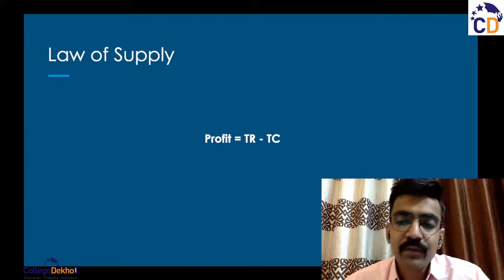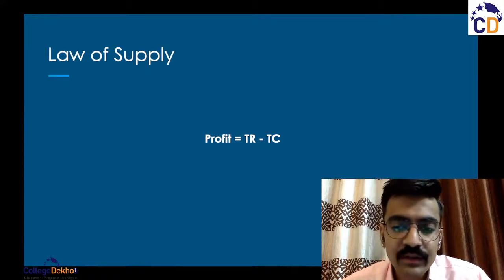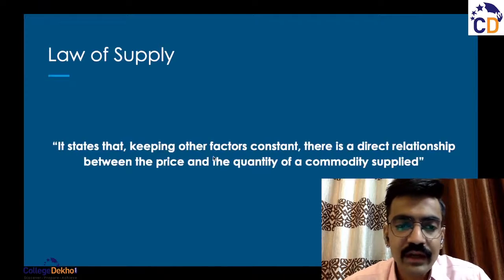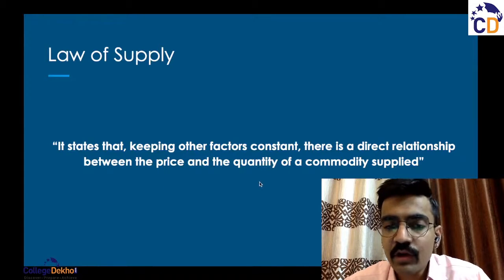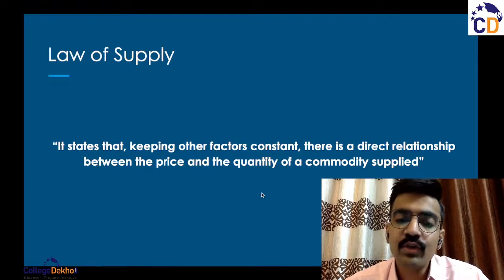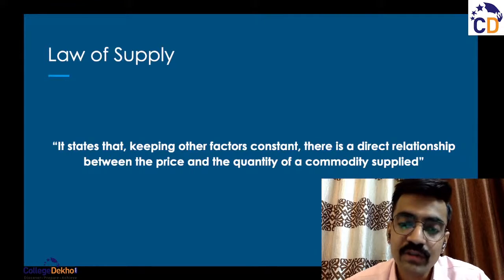Now, similarly, a producer will supply a smaller quantity at a lower price. Why? Because, as we understood, if the price is down, then the quantity that is supplied would also be low, in order to create a shortage and make the consumer realize that there is a shortage of this product.